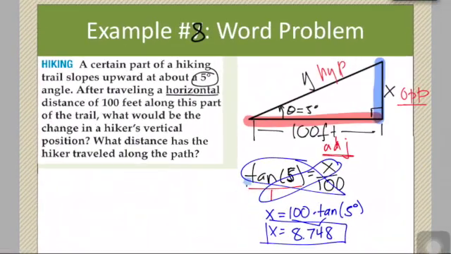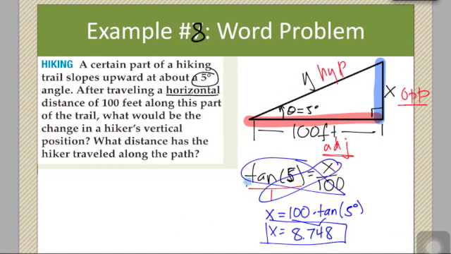Alright, so now I have to solve for y. So now I'm going to change this up a little bit. Whoops, I didn't want to erase the triangle, but okay, we'll fix that. There we go. So now I want to solve for the hypotenuse. So I have the adjacent and I want the hypotenuse.